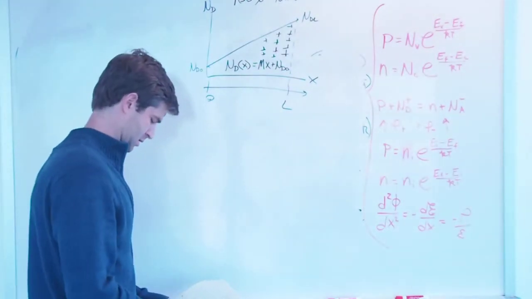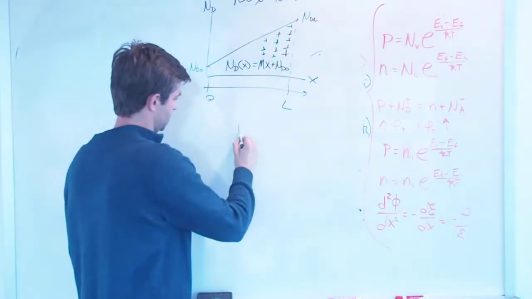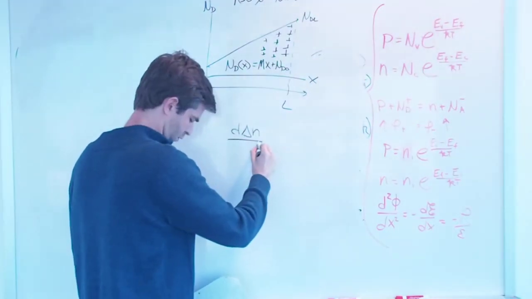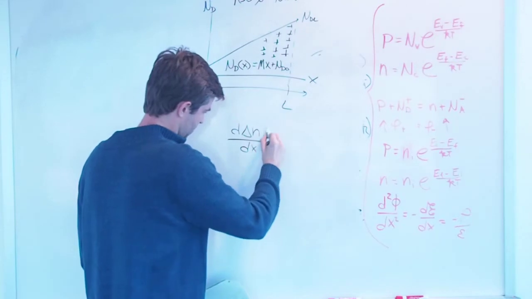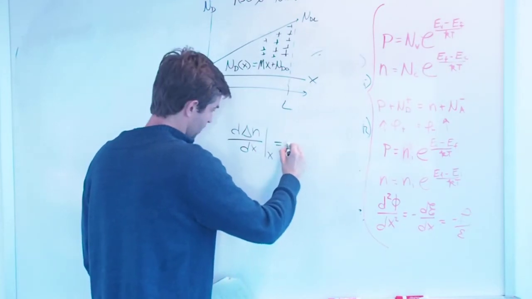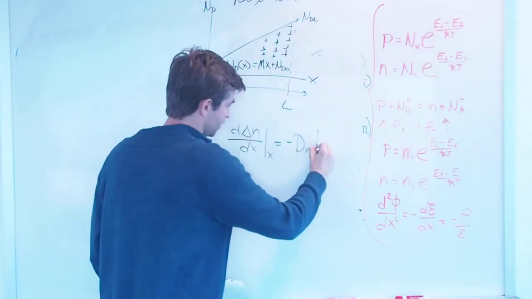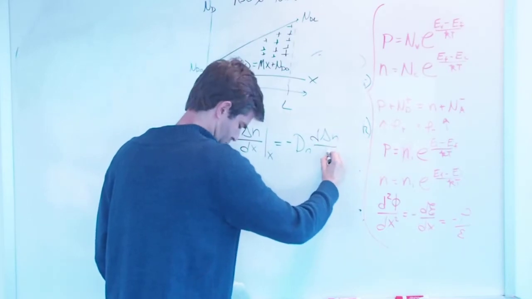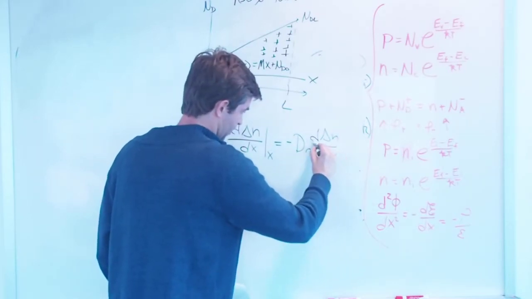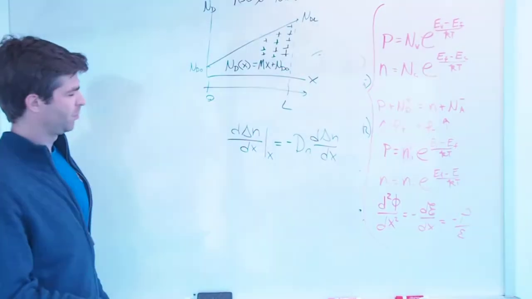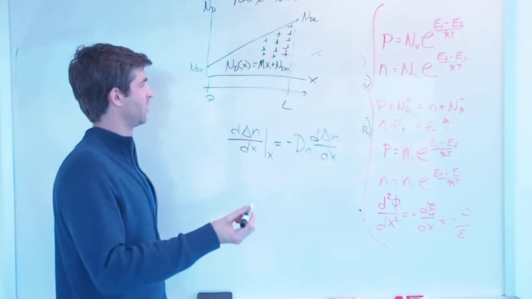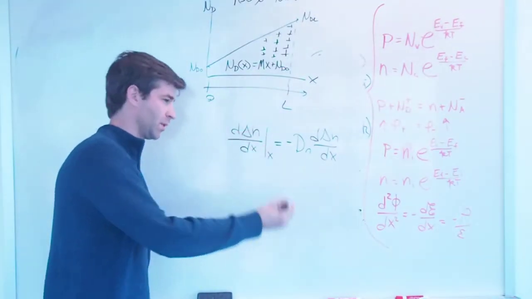which is J_n of x equals negative D_n del n over dx, right? Or in simpler terms, they go from an area of high concentration to low concentration.